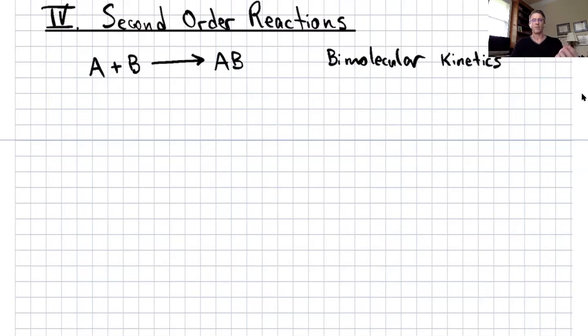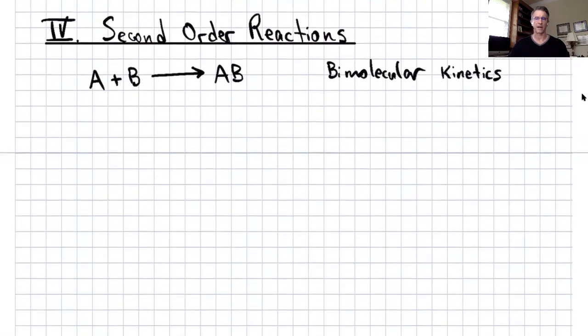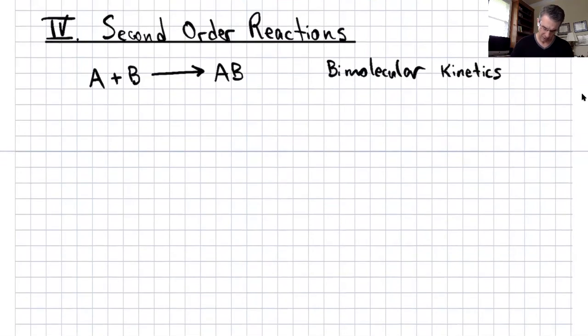Now, bimolecular reactions are also going to have an associated rate constant. Again, remember, we're talking about rates here, so we're using lowercase k, we're not thinking about equilibria. And like we did with unimolecular reactions, we want to come up with an expression that lets us describe the temporal change, how the concentration of A changes with time.